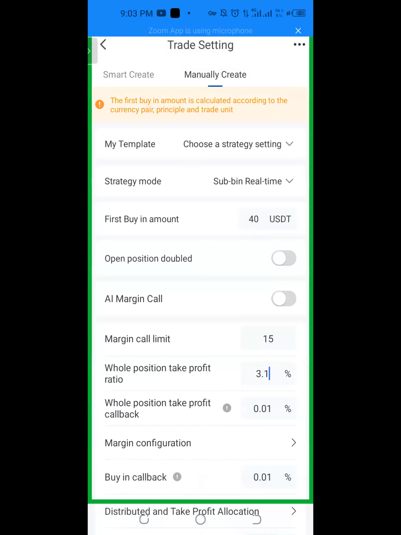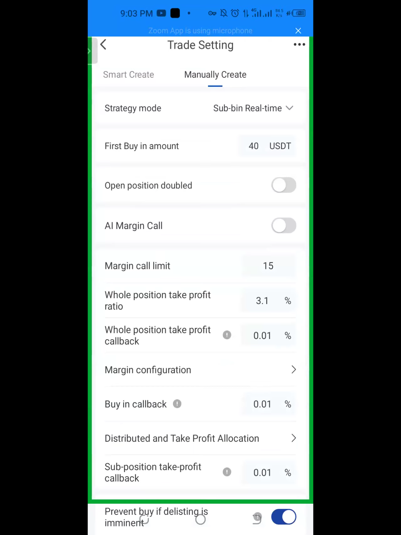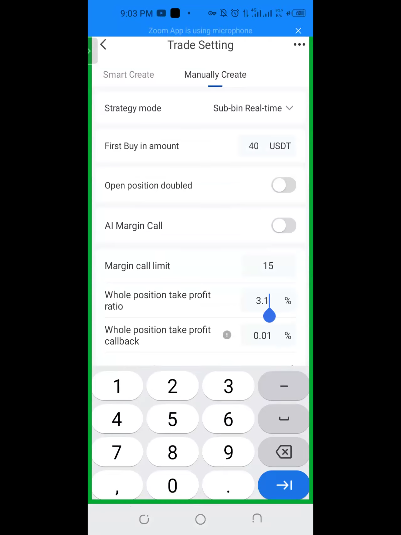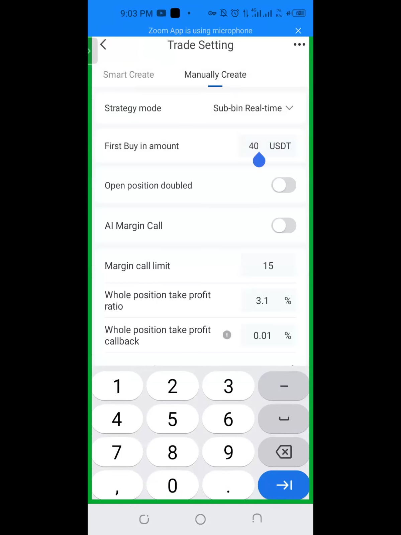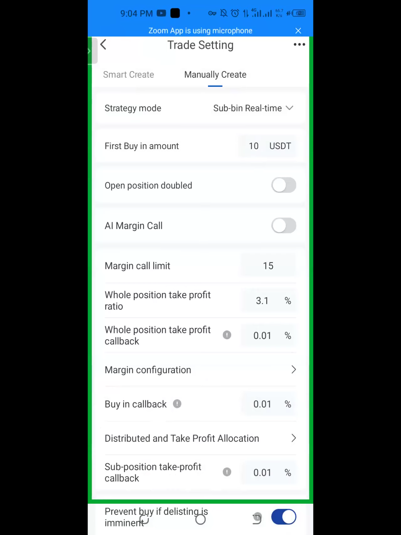So I want the bot to only start this trade when the golden cross triggers above the histogram. I can even take 3.1%, because when the golden cross moves up above the histogram, it will pump. But if it's below, it takes more, probably like 1.5 to 2%. Let me just change this into, let's say, $10. Then let me leave it at 3.1.